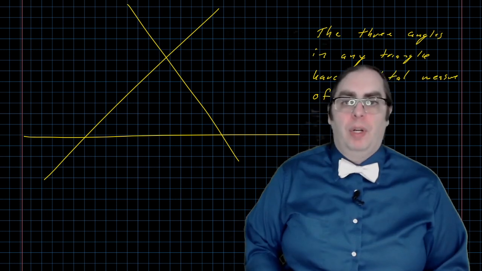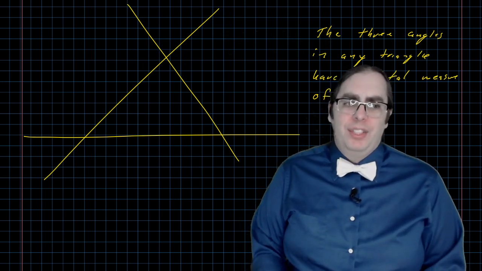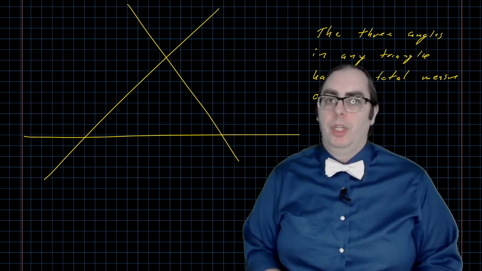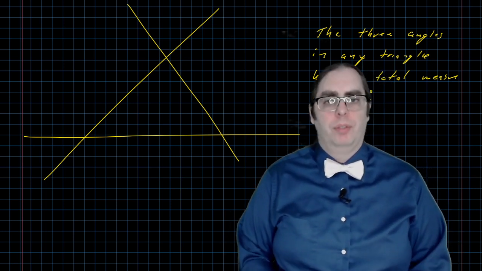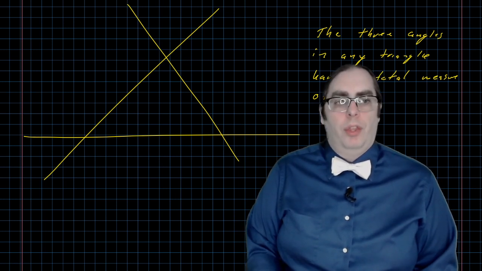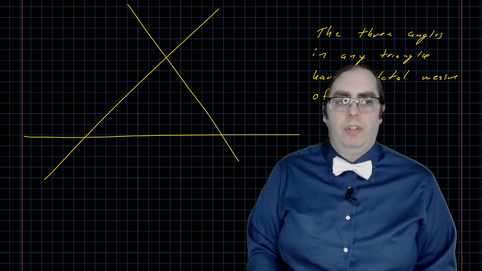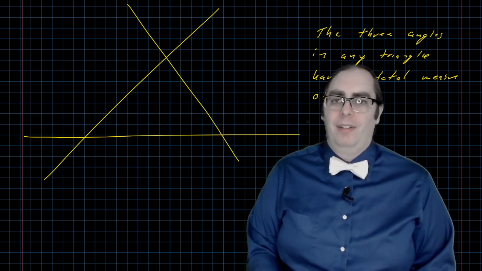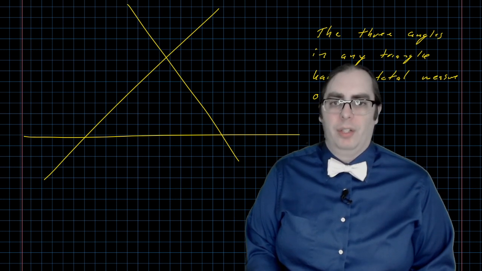What may surprise you is that that's actually very specifically a property of Euclidean geometry, geometry on a flat page. If you try to draw a triangle on the surface of the Earth, if it's a large enough triangle, you will be able to draw one that has a total of angles more than 180 degrees.